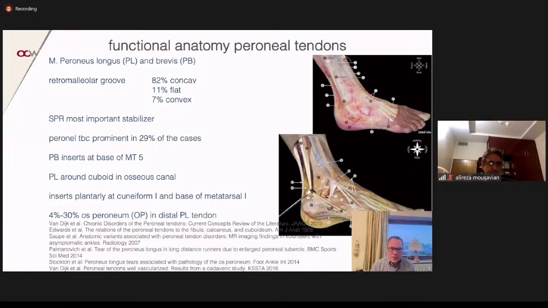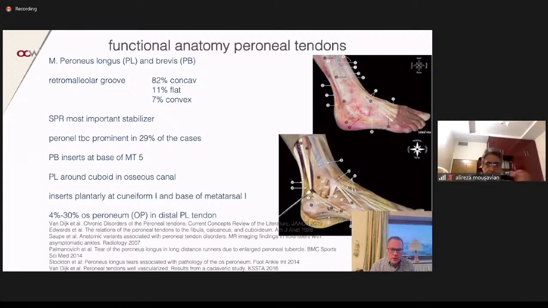The peroneus brevis inserts distally at the base of the fifth metatarsal, whereas the peroneus longus is running around the cuboid in an osseous canal and inserts plantarly at the cuneiform 1 and the base of the metatarsal 1.